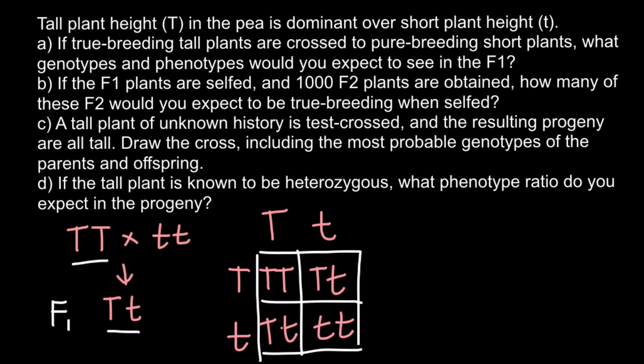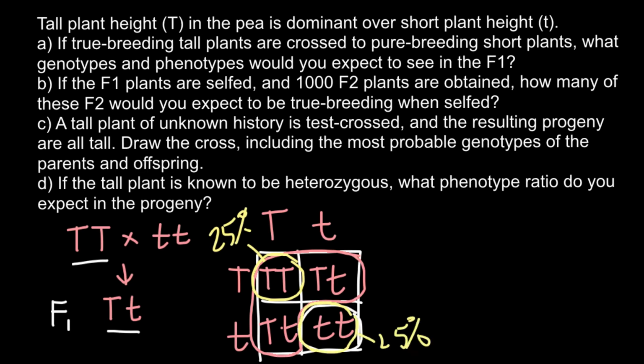As you see, 75% of the progeny are going to be phenotypically tall, 25% of the progeny are going to be phenotypically short, and this one is going to be true breeding, and it would make 25%, and this genotype also would be true breeding and would make another 25%. So we expect that 50% of the progeny of such a cross of the F1 generation would be true breeding.